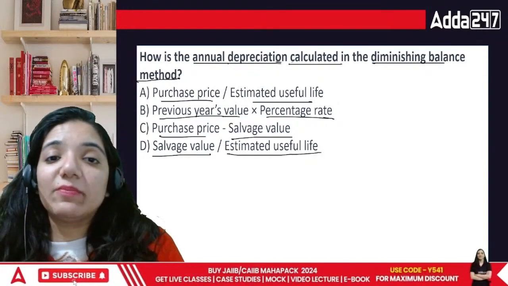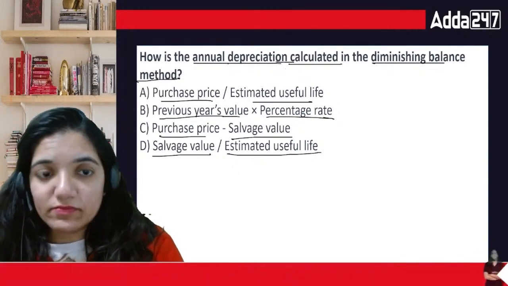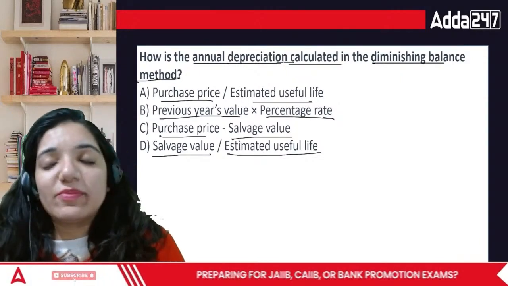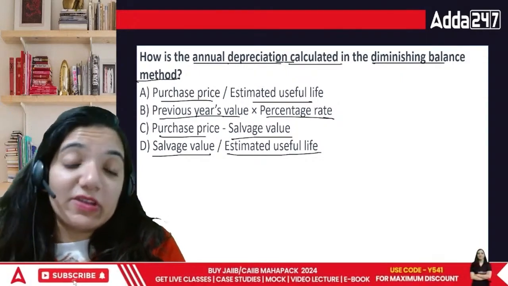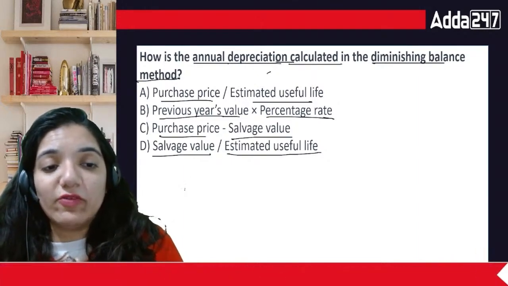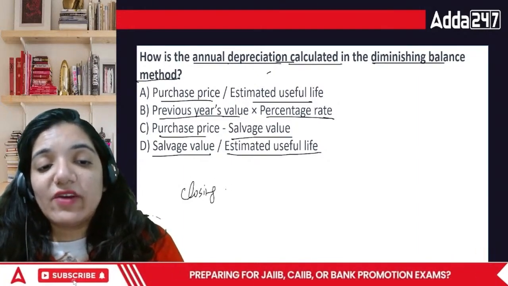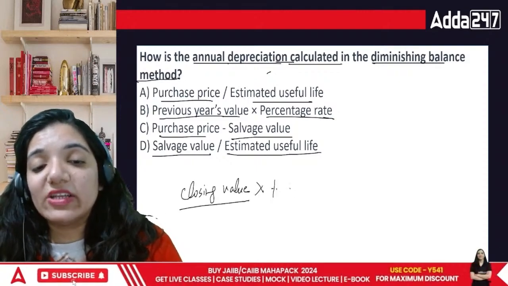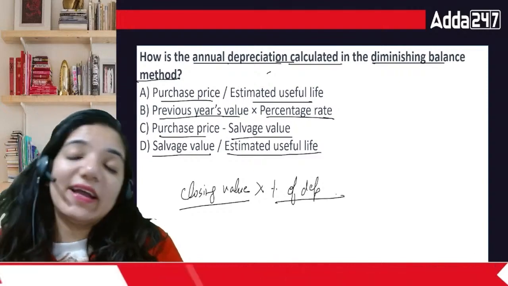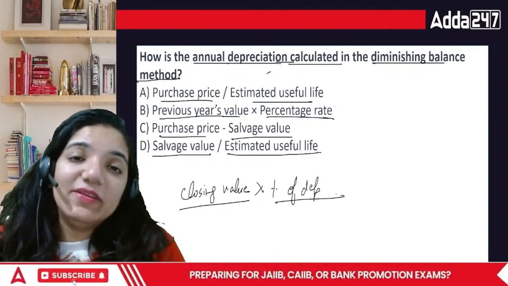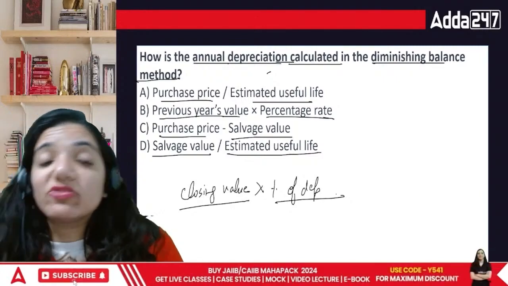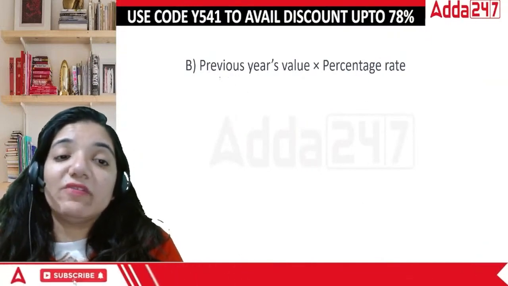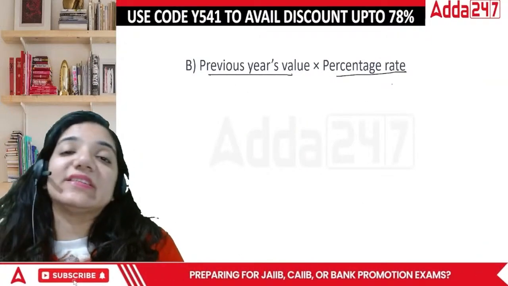When we talk about how annual depreciation is calculated in WDV, whatever your closing value of the previous year is, you will always take the closing value and multiply it by the percentage of depreciation. That particular rate remains the same. The value keeps on changing after every year, so depreciation overall will vary. So in this case, the correct answer will come out to be the previous year's value multiplied by the percentage rate.